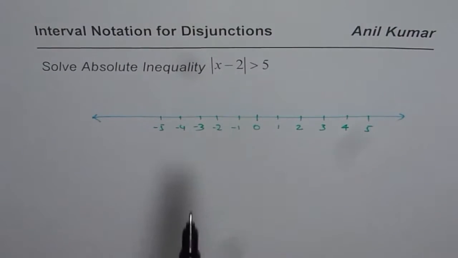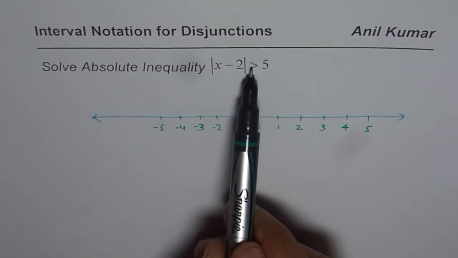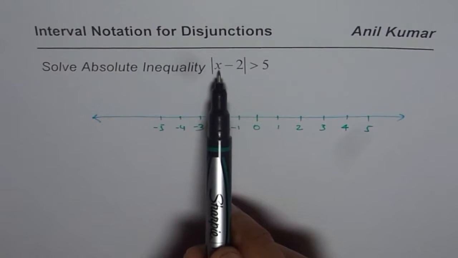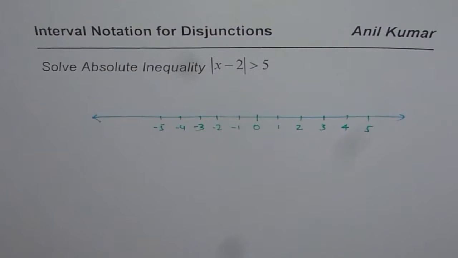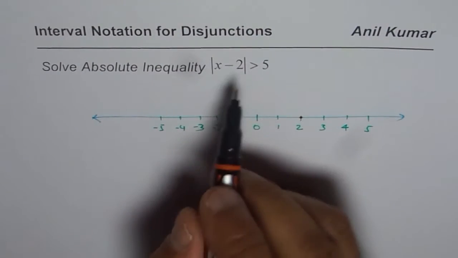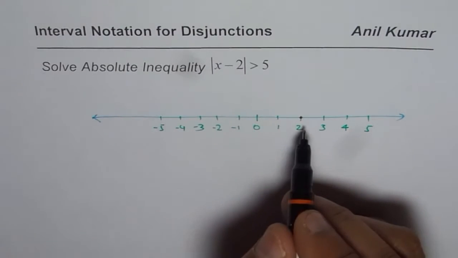When I say the absolute value of x minus 2 is greater than 5, it means what? When you are at a point at 2, x minus 2 will be 0 when x is 2, right?